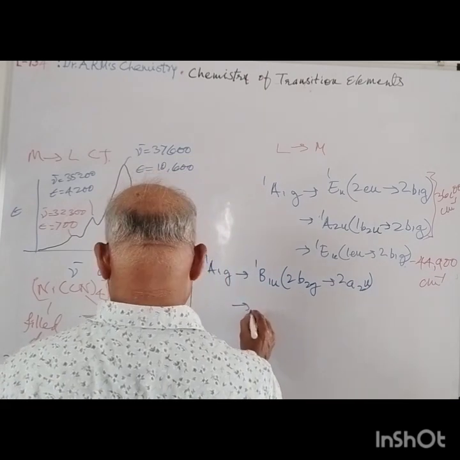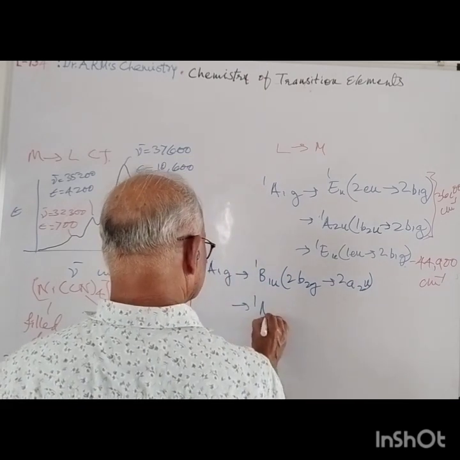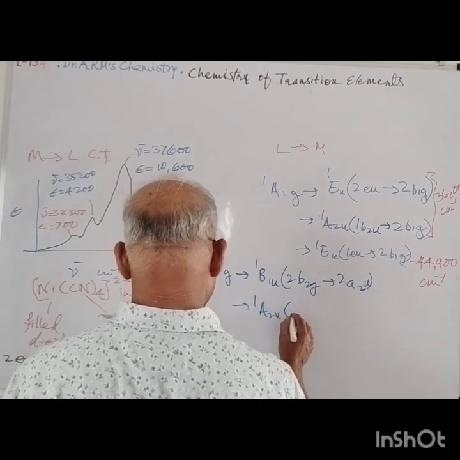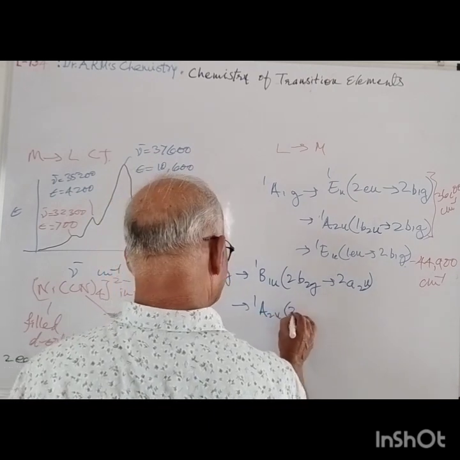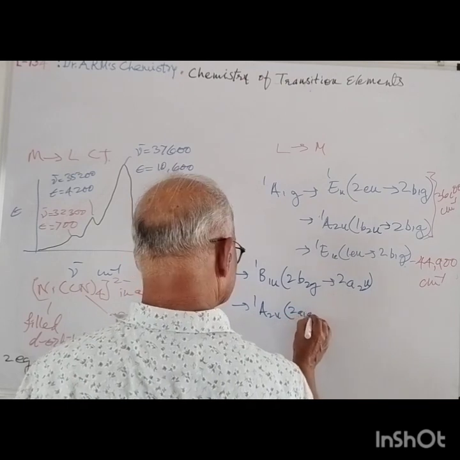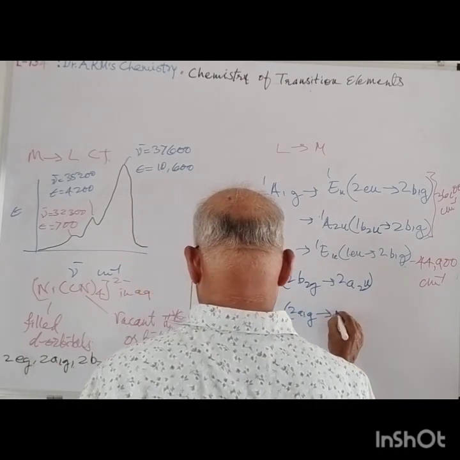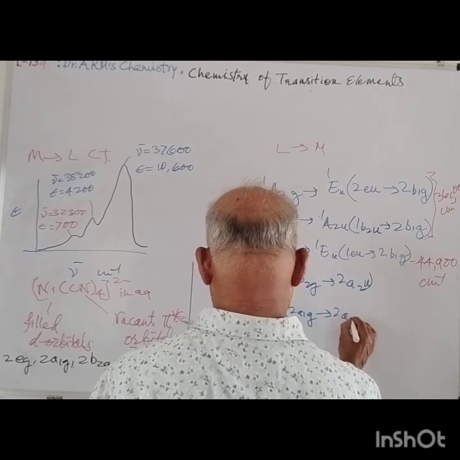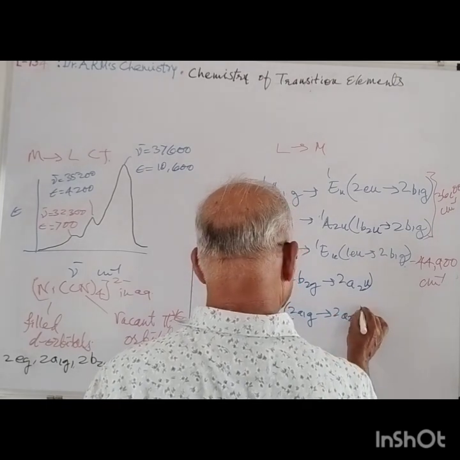Then second is 1 A2U symmetry orbital to 2 A1G, and this is showing charge transfer to 2 A2U.